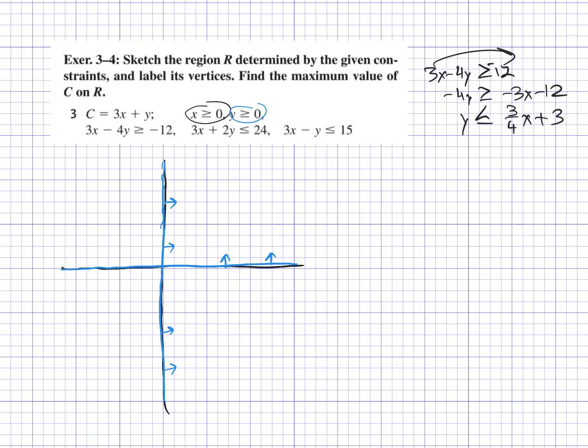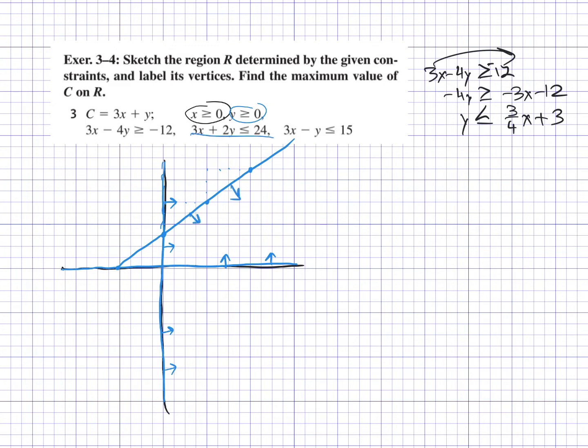So it's equal, so we go through it at 3. It's going to be a solid line going up 3, 1, 2, 3, and over 4, 1, 2, 3, 4. It's important that we get all of this correct. Or down 3 and over 4. Okay, and it's less than, so we're shading down here.